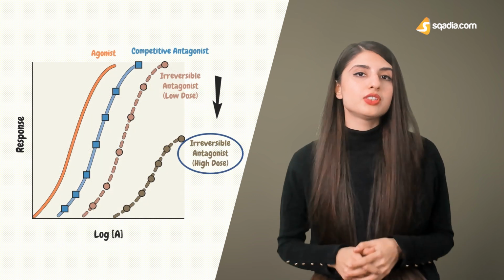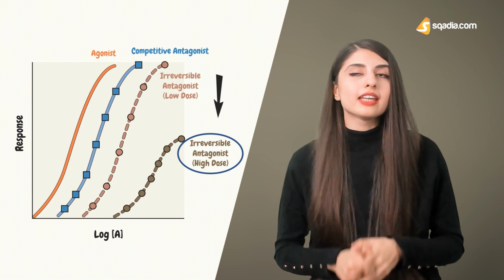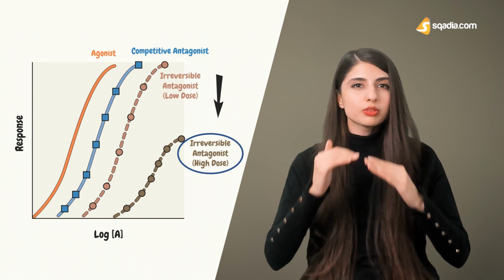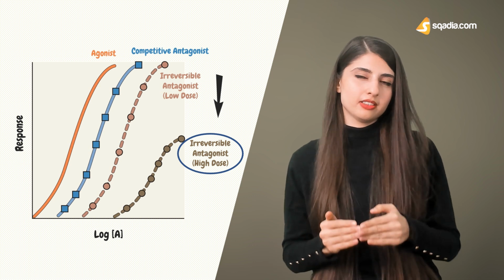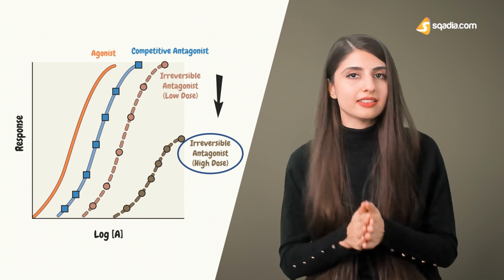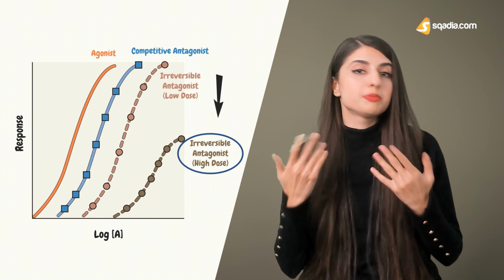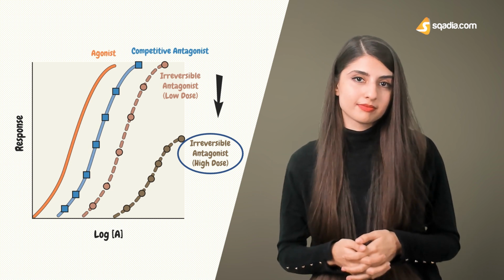And if we look at the dose response curve, an irreversible antagonist causes a downward shift of the Emax with no shift of the EC50 values, unless, of course, spare receptors are present.